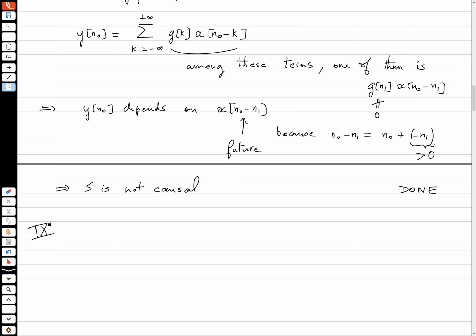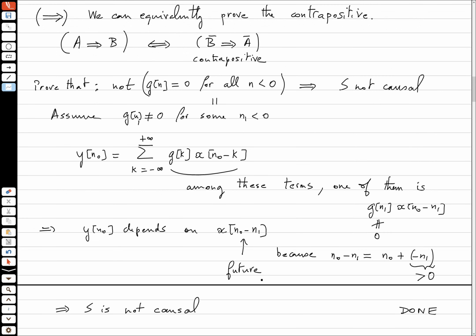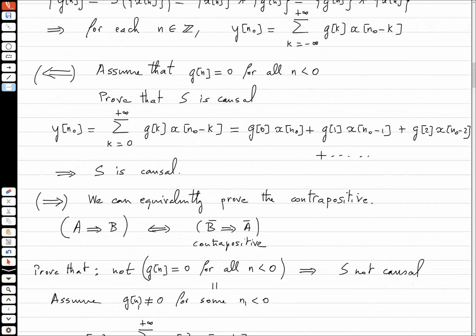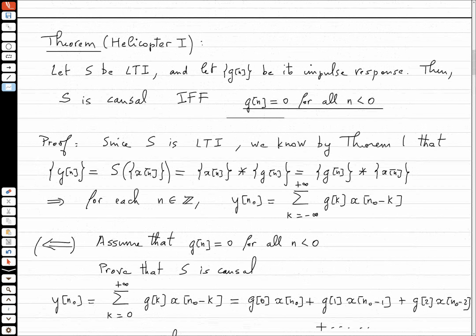No, I mean, it's simple. I give you a system. If it's LTI, you can do it. And if it's not LTI... So we give you different steps. Either it can be... you give me one system. If it's LTI, causal. Not LTI, not causal. No, you are mistaking it. No, read this. If it's LTI, then this is equivalent to this.